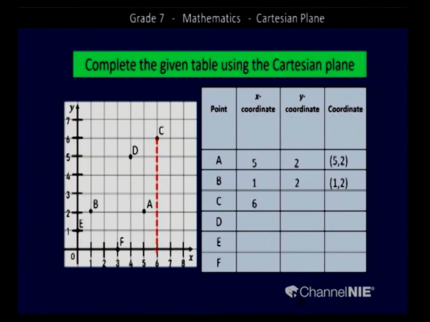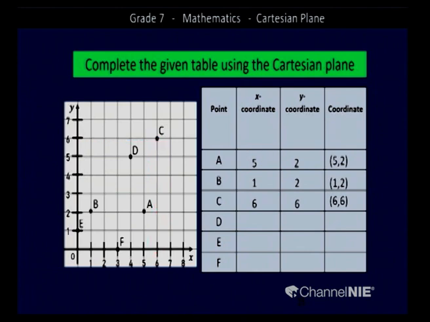Then I am going to get the y coordinate by drawing a perpendicular from point C to the y axis. There I can say the perpendicular goes through plus 6. Therefore, the y coordinate is also plus 6. That means the coordinates of point C can be written as (6, 6), and you have to mention it within brackets.